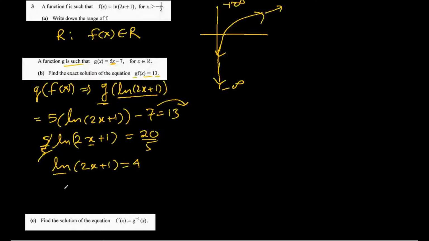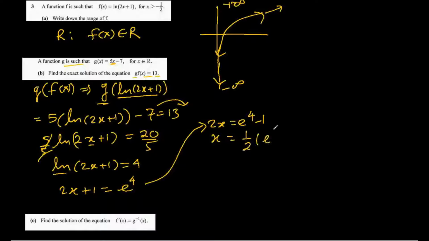Now if we remove ln from here, it means 2x + 1 here, but the other side becomes e to the power 4. So 2x equal to e to the power 4 minus 1, and x equal to half of (e to the power 4 minus 1). They're saying exact solution, so we got the exact solution for this.